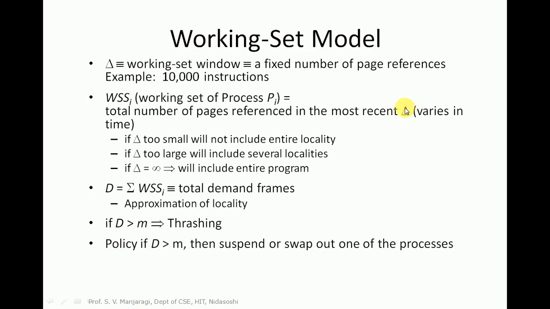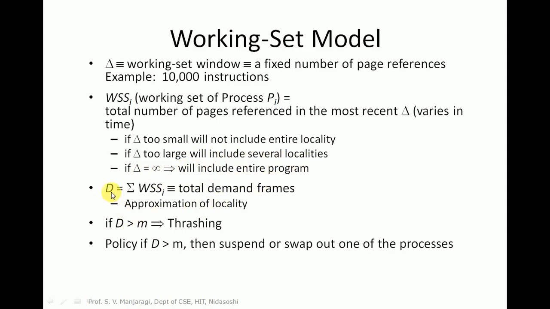So the total number of pages referenced in the most recent delta is called WSSi, the working set of process Pi. If delta is too small, it will not include the entire locality. If delta is too large, it will include several localities. If delta is infinity, it will include the entire program.